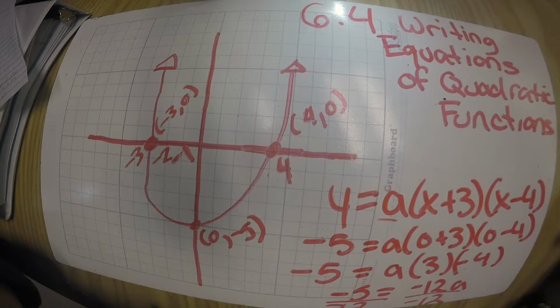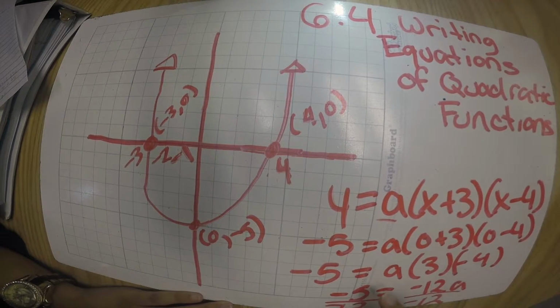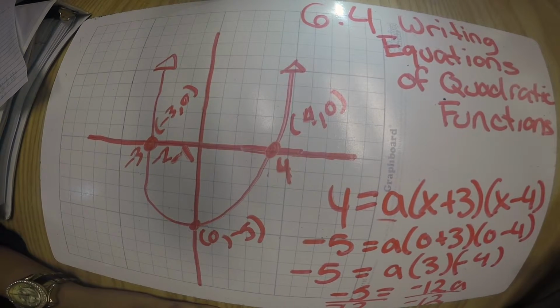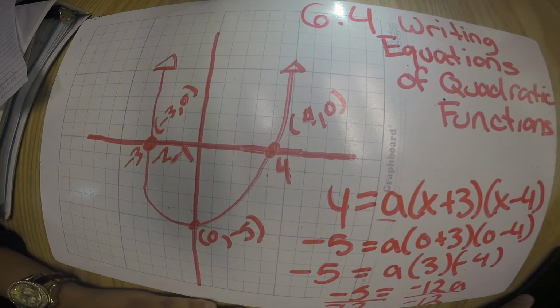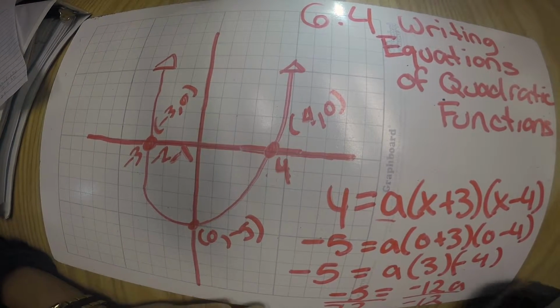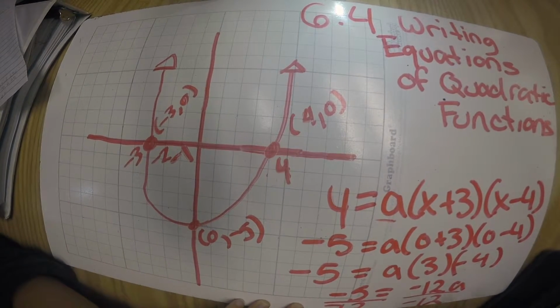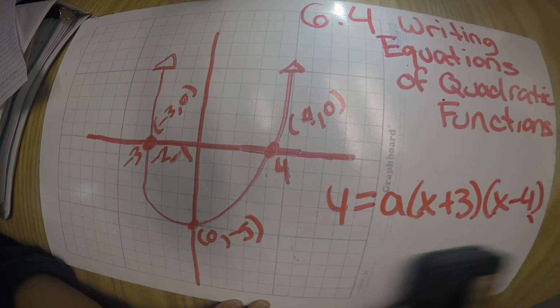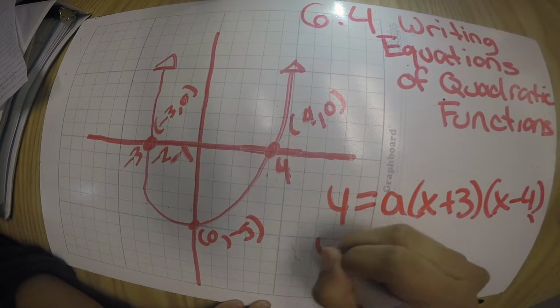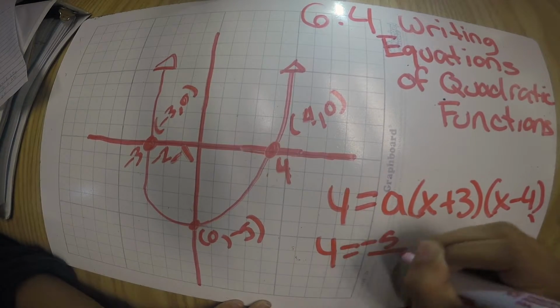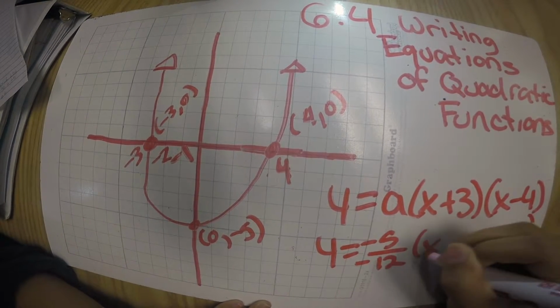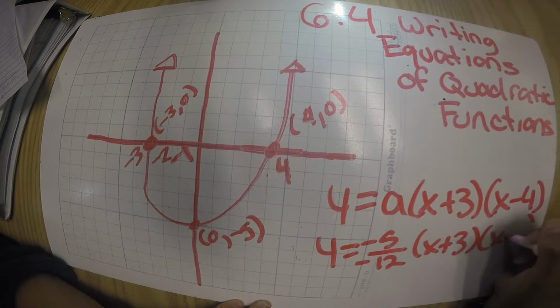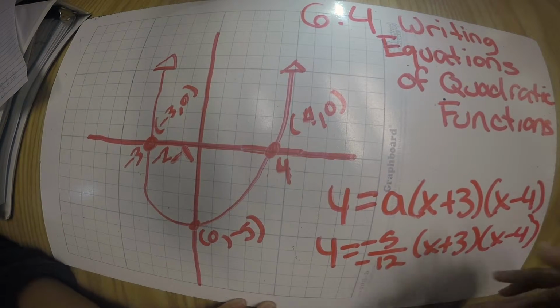And then once you found a, which in this case is -5 over -12, you plug it back in for a. So let me erase all of this. And then it'll be -5 over -12, x plus 3, x minus 4. And that's how you find your equation.